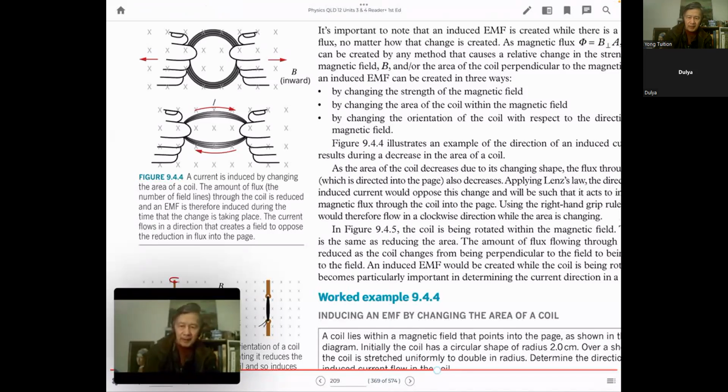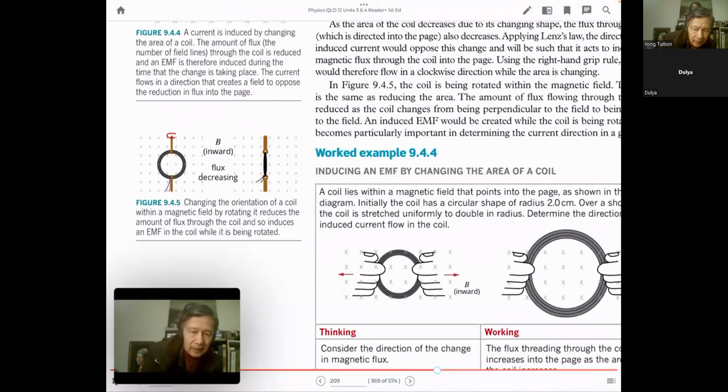How about the next diagram? Do you understand the next diagram? Same scenario, right? Did they change something? Can you see the magnetic field is uniform, into the page, right? This time they changed the orientation. Good scenario.